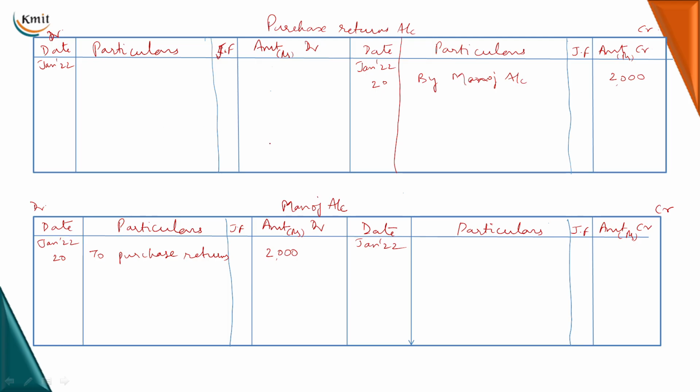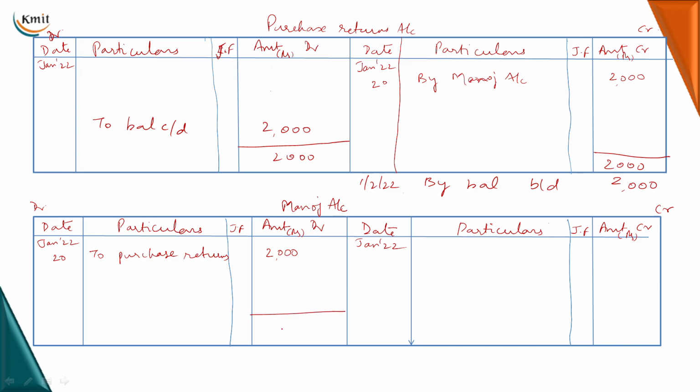Similarly, purchase returns account, 2,000. Next, Manoj account.